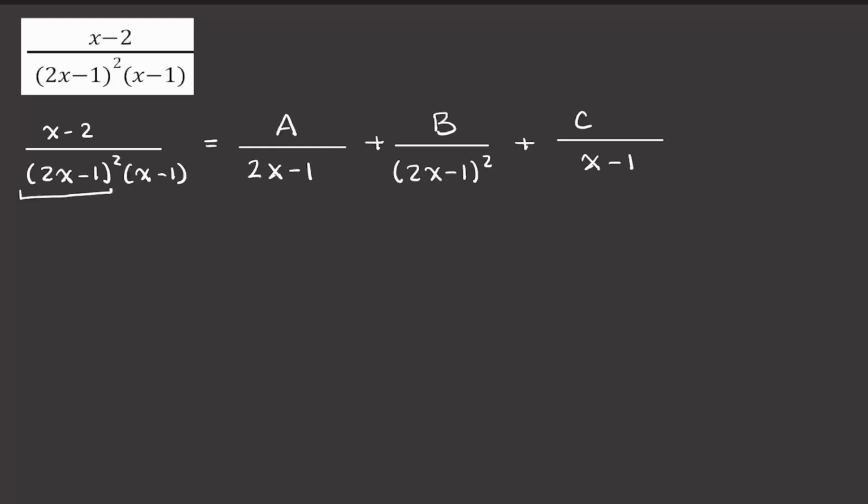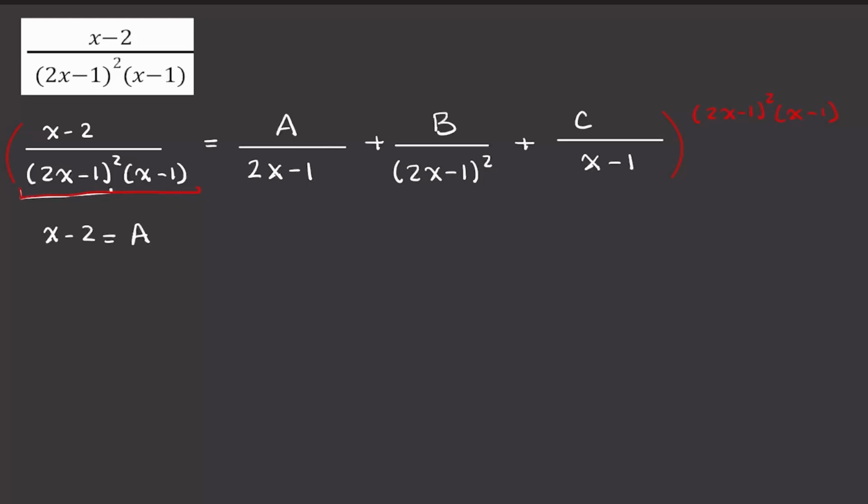So after we set up our fractions, now we multiply by the common denominator. The common denominator is always what we start with, the factored form: 2x minus 1 squared times x minus 1. Now we multiply this through. On the left-hand side, we have x minus 2 equals a.